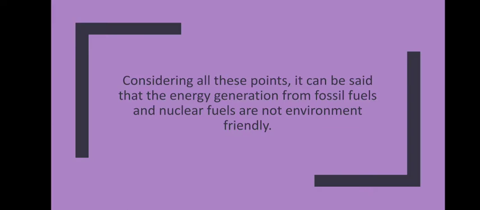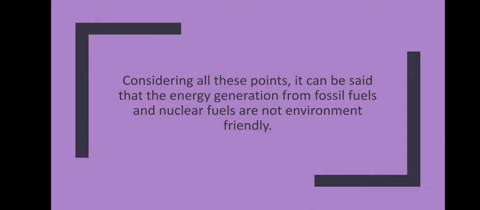Considering all these points, which points? The disadvantages of using nuclear power plant or energy sources in the form of coal, right? It can be said that the energy generation from fossil fuels and nuclear fuels are not environment friendly. Correct? So definitely now we have to think about the environment.